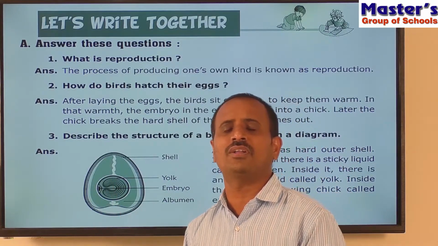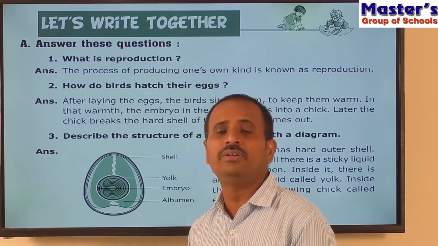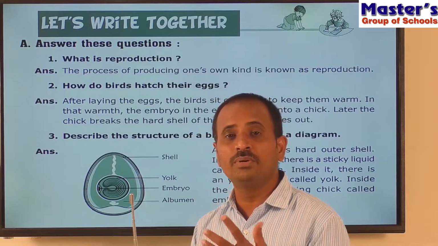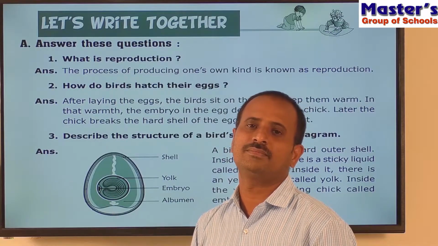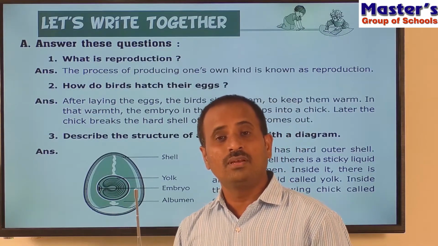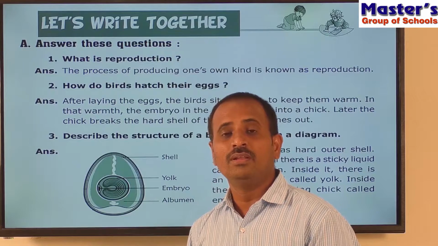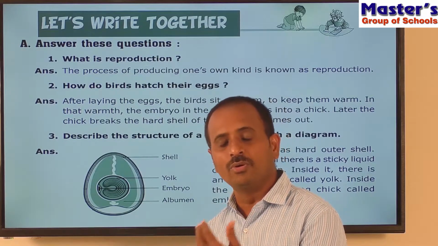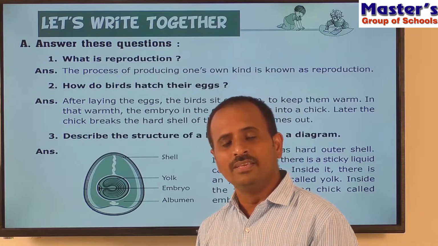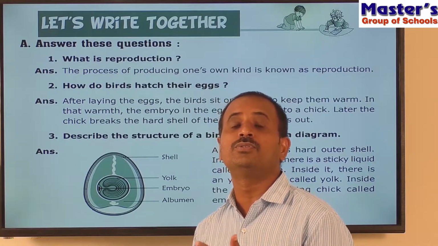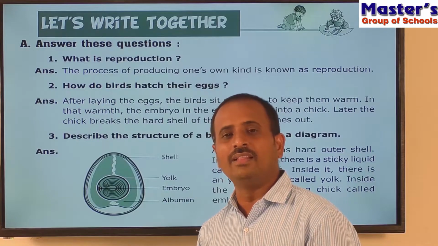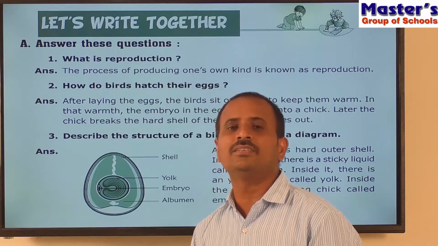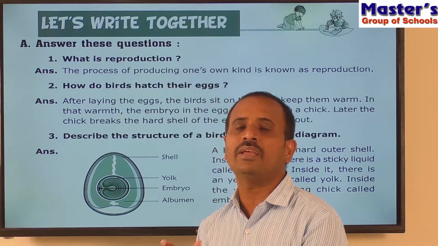Every living organism has the capability of giving birth to their own kind. The young babies look similar to their parents, gradually grow into adults, and these adults again give birth to their young babies.